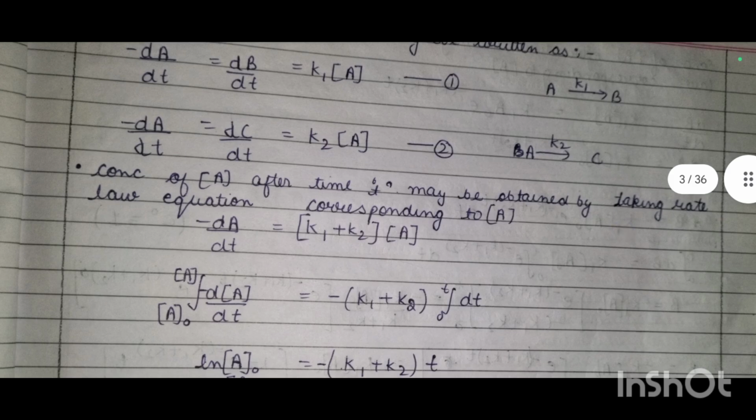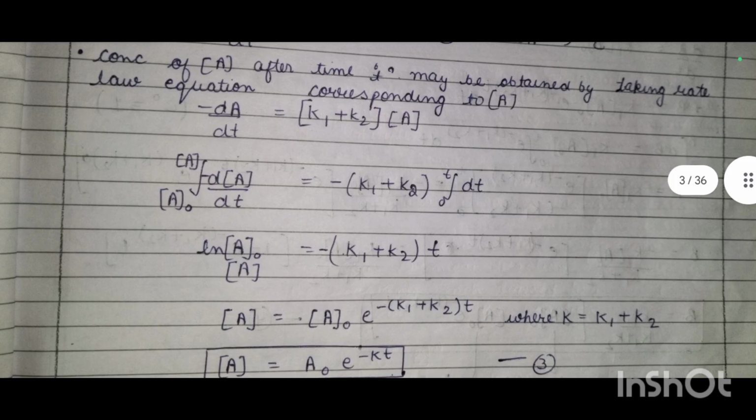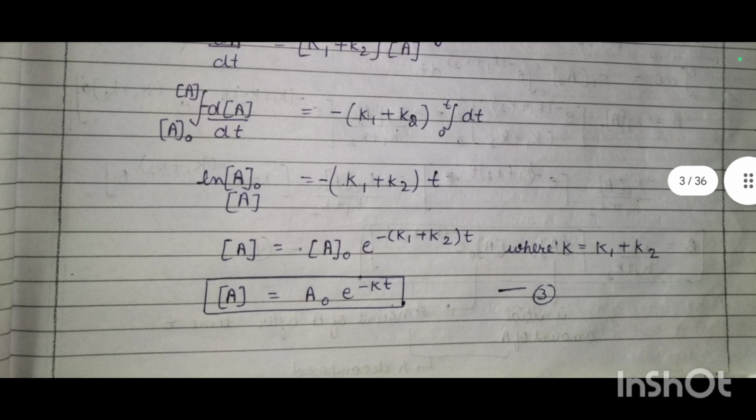Concentration of A after time t may be obtained by taking the rate law equation corresponding to A. Minus d[A]/dt is equal to (k1 plus k2) multiplied by the concentration of A. So integration of minus d[A]/[A] is equal to minus (k1 plus k2) integration of dt from 0 to t, and ln([A naught]/[A]) is equal to (k1 plus k2) multiplied by time t.